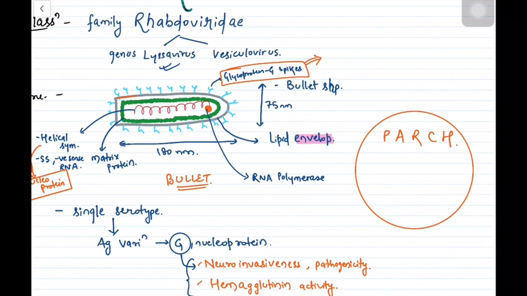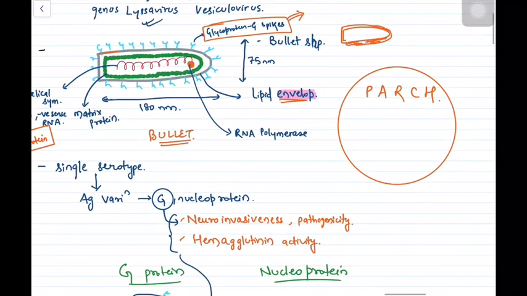Now the width is 75 nanometer and the length is 180 nanometer. And just like any bullet has a shell outside it, this virus also has a shell, that is the envelope.